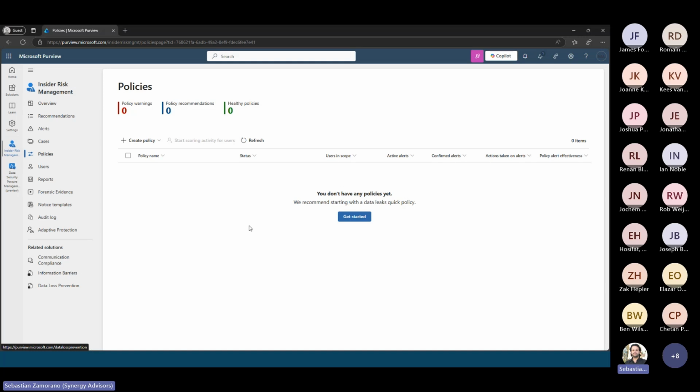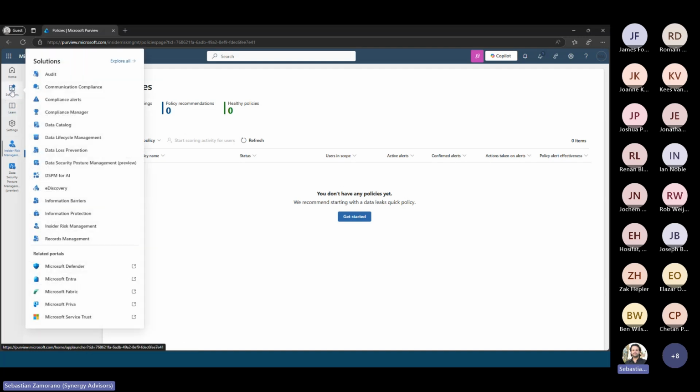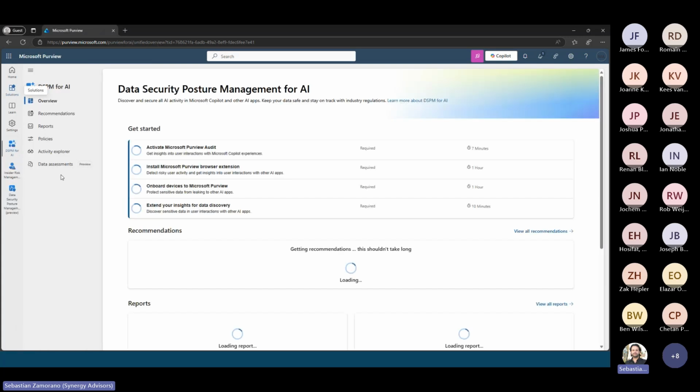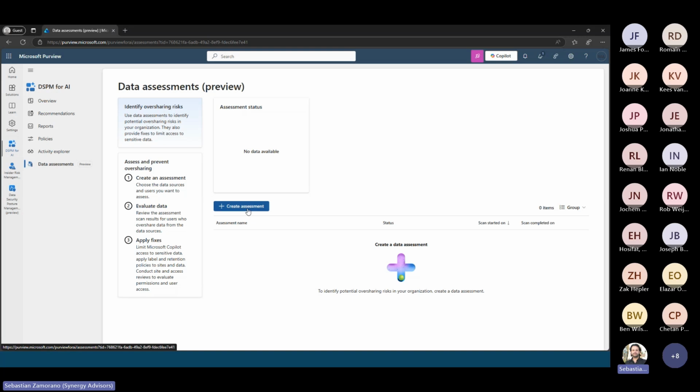I can go later here, but you will start seeing recommendations and policies being created, and the same under DSPM for AI. I recommend the same as the previous one, but remember that on DSPM for AI we have data assessment, which allows me to identify oversharing in my environment.